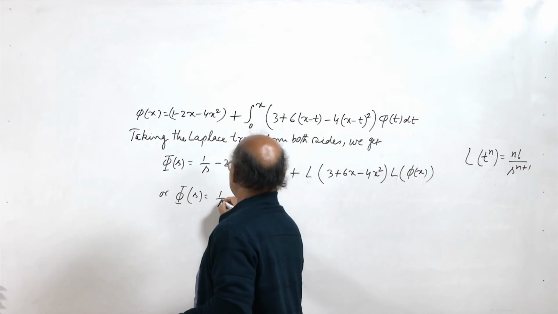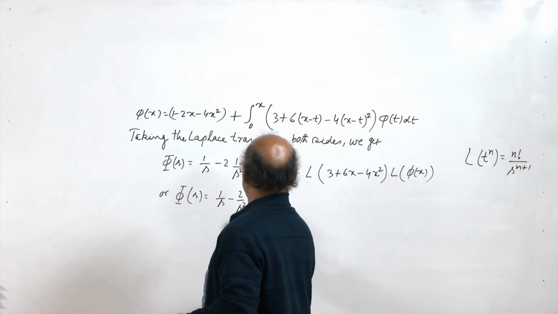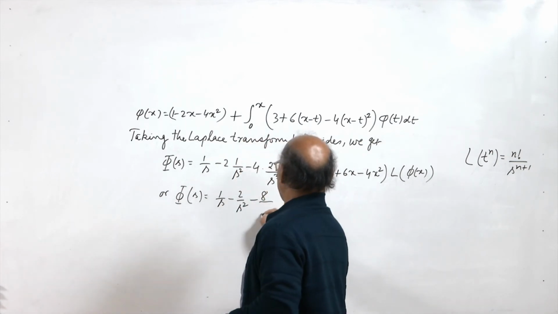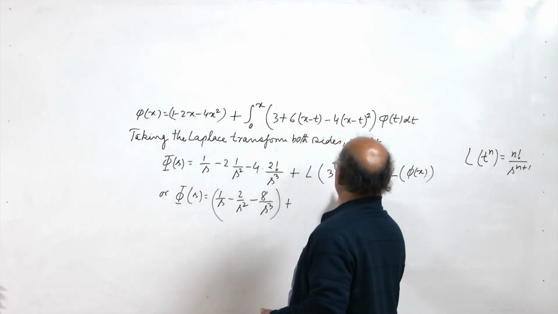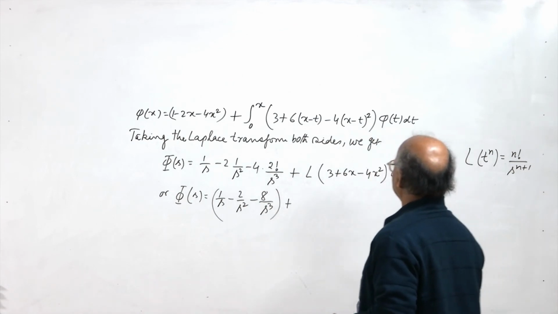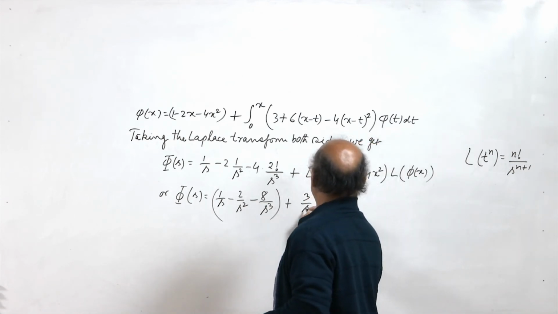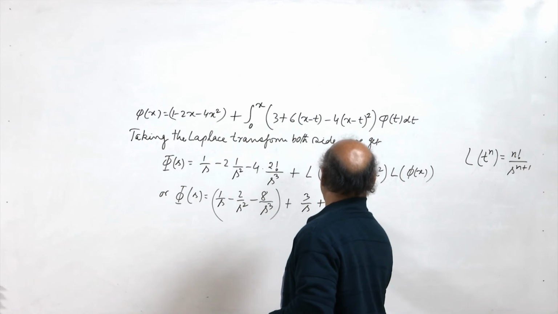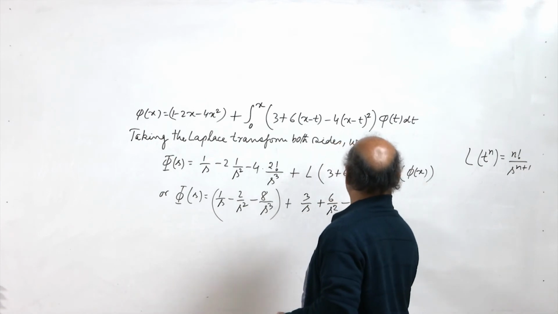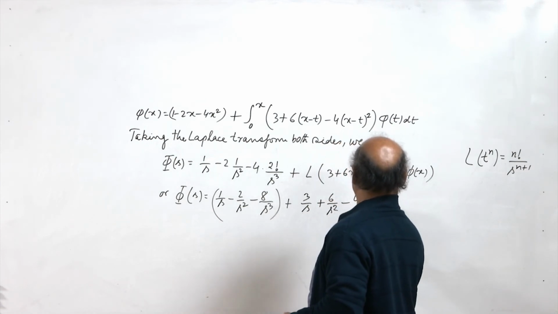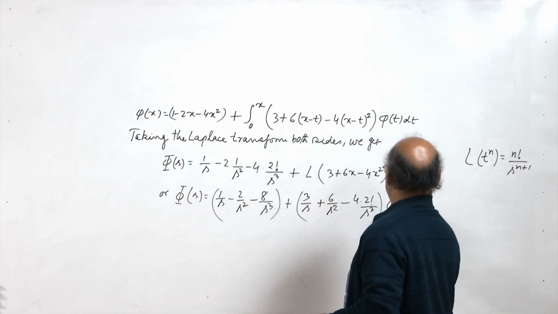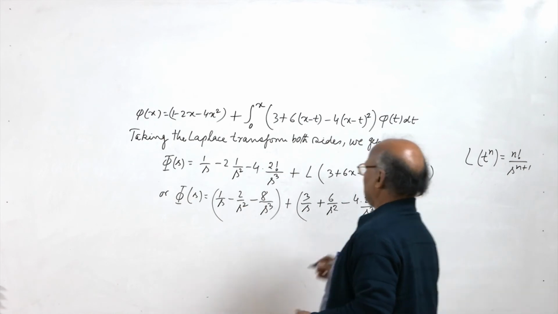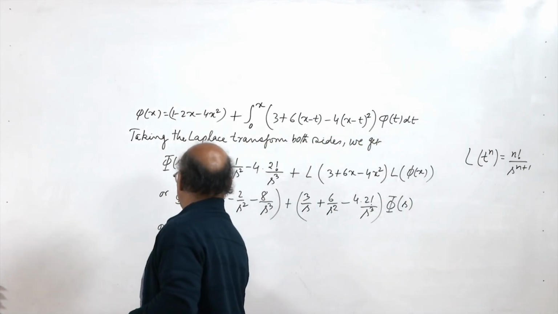So what we get is phi s equal to 1 over s minus 2 over s square minus 8 over s cube plus the Laplace transform of 3 plus 6x minus 4x square, which is 3 by s plus 6 by s square minus 4 into 2 factorial divided by s cube, into phi s. We can then collect the coefficient of phi s.